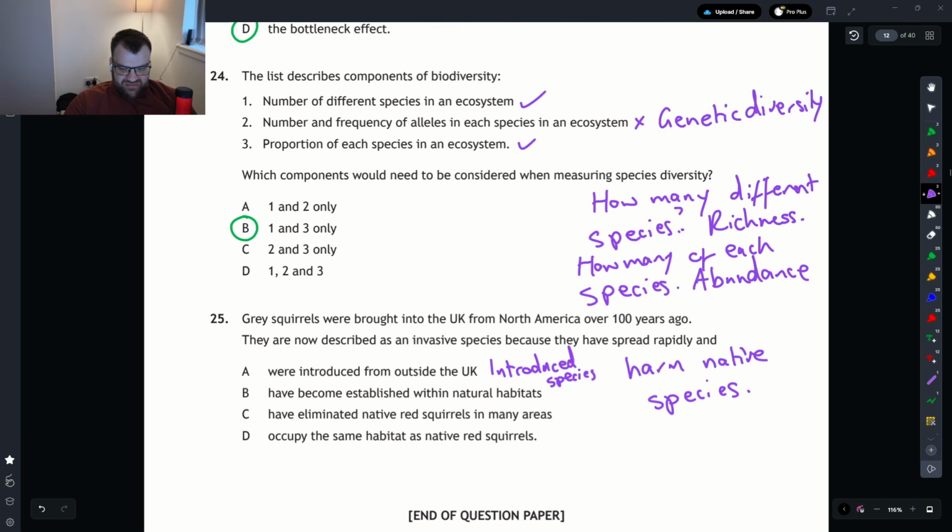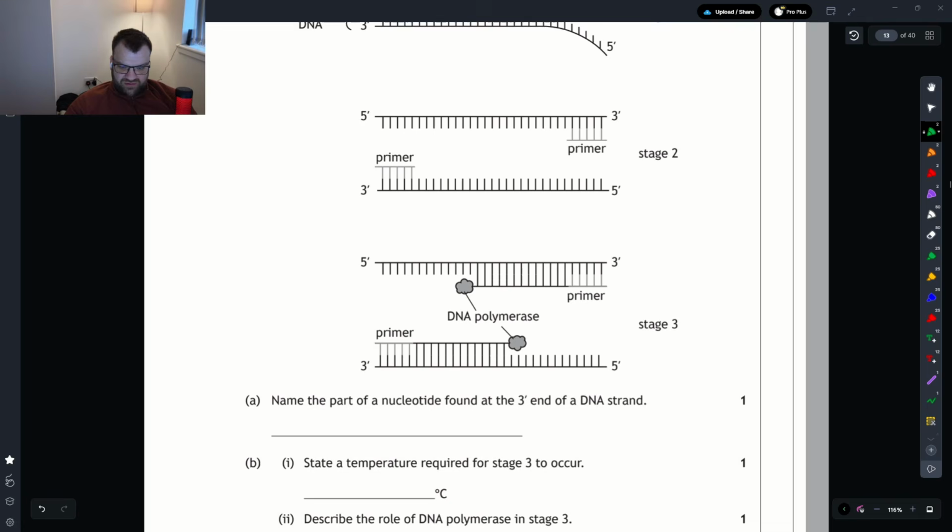Become established, that would then be naturalized, where they're able to start reproducing in that area. Eliminated native things, that's what I was talking about. And then occupy the same habitat. Well, your naturalized species also occupy the same habitat, but they don't have the negative effect on the numbers of the native ones. So that should be C for that one.